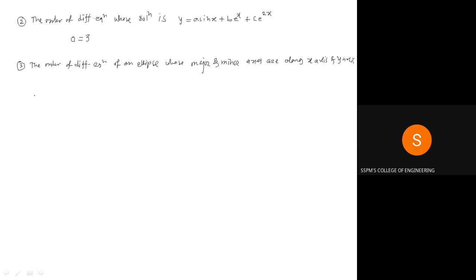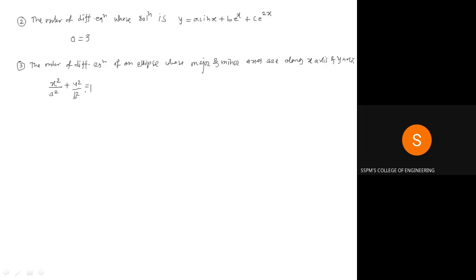Before that everyone should know the standard equation of an ellipse. The standard equation of ellipse is x square upon a square plus y square upon b square equals 1. And in this equation of ellipse, what are the constants? The constants are 2, that is a and b.